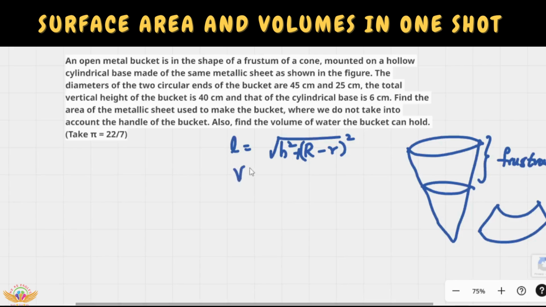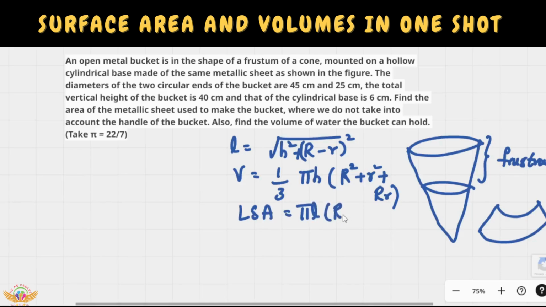And the volume of this frustum is 1 by 3 pi h times (R square plus r square plus R into r). The lateral surface area formula is pi l into (R plus r), and the total surface area is pi into (R plus r) l, that is the lateral surface area, plus pi r square plus pi capital R square.